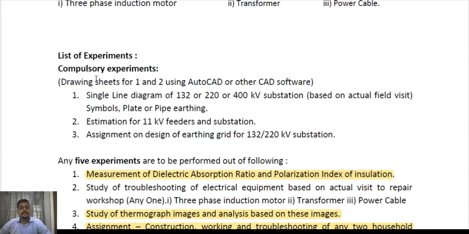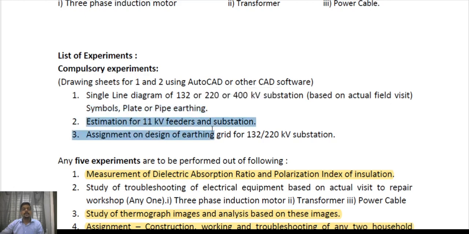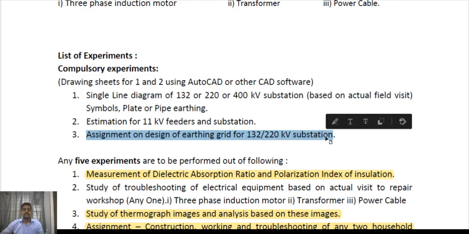The list of experiments: these are the compulsory experiments. We are going to draw the single line diagram of a 132, 220 or 400 kilovolt substation based on the actual field visit, symbols, plate or pipe earthing, estimation of 11 kilovolt feeders and substation, and an assignment on design of earthing grid for a 132/220 kilovolt substation.